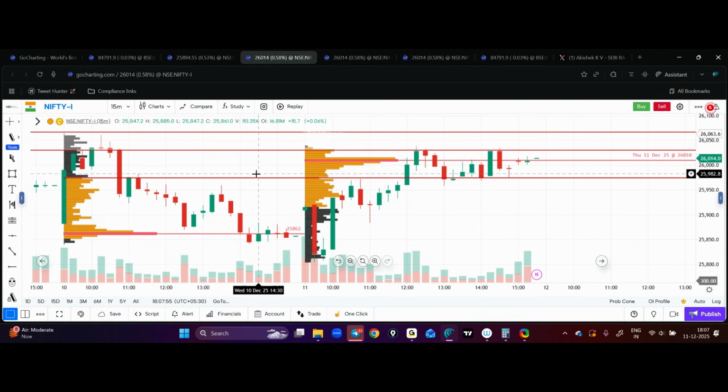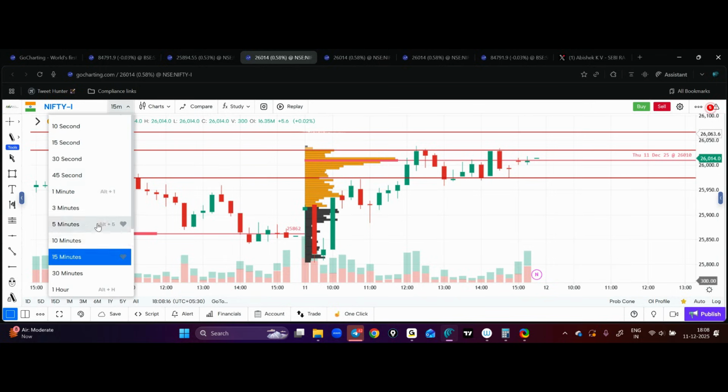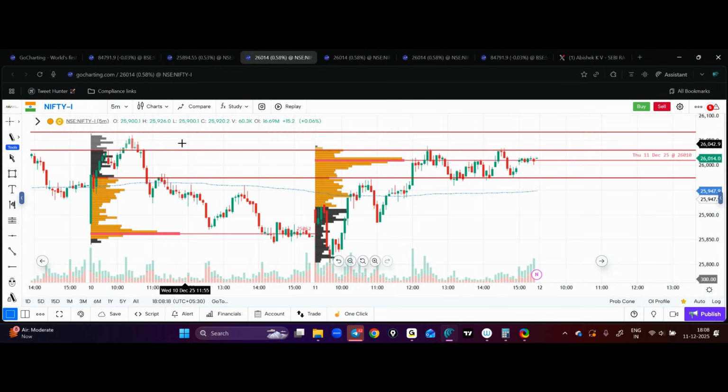So this simple volume indicator talks about volumes at a given time. If it's a 15 minute bar, it shows the volumes traded in 15 minutes. If it's 30 minutes, any candlestick that you keep on the chart. And if I go back to 5 minutes, you see the volumes on every 5-minute candle.